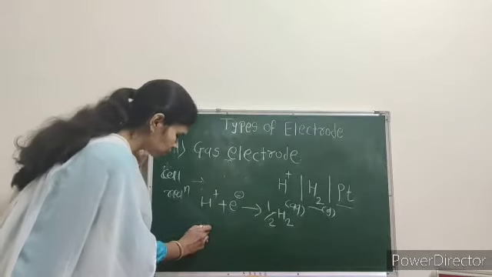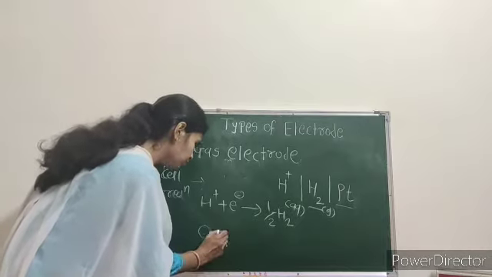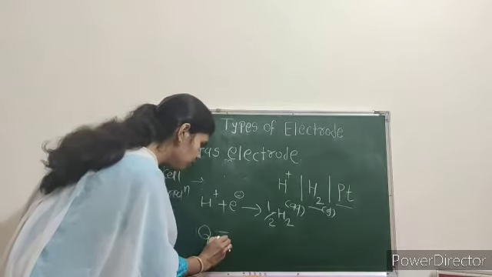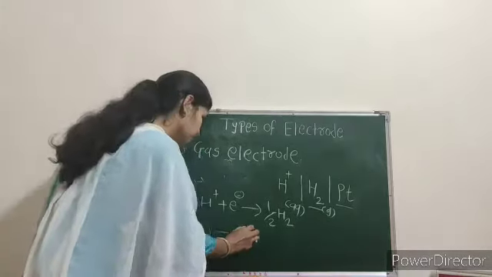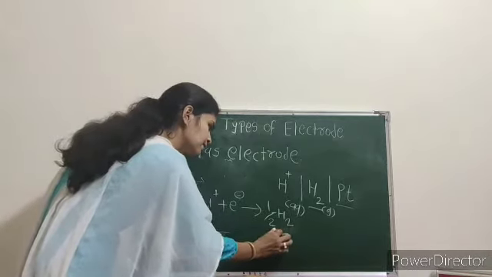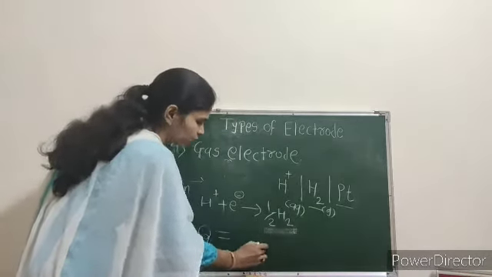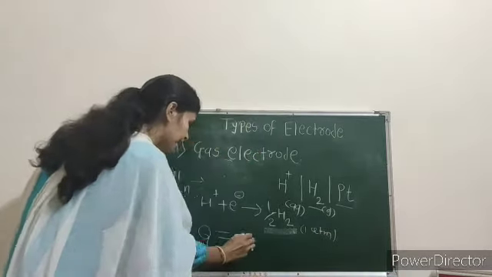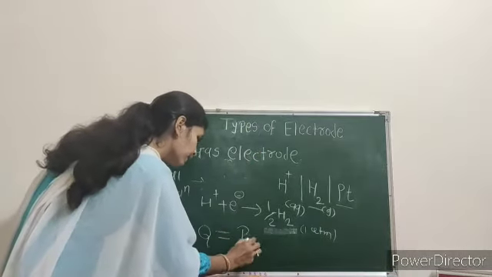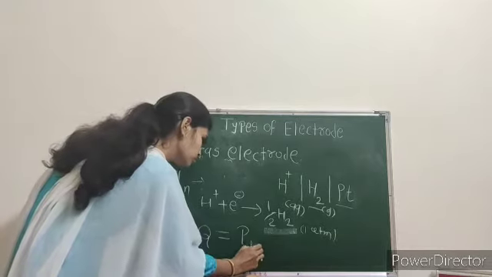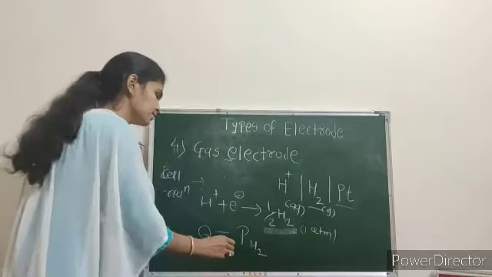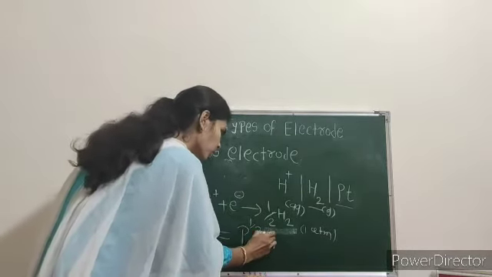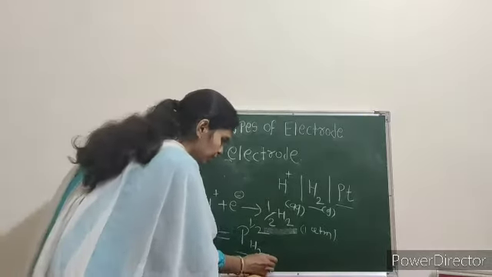Here we write the reaction quotient Q. This is a gas, therefore 1 atmospheric pressure.